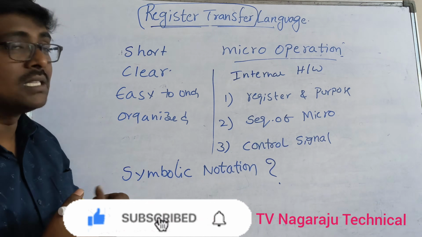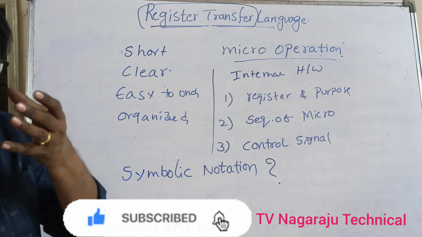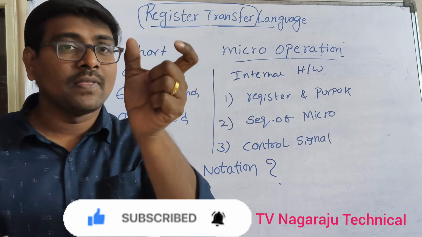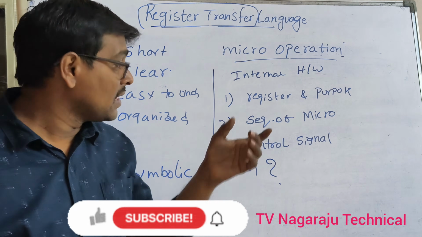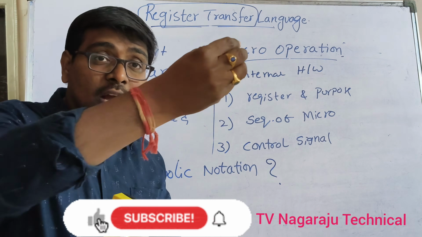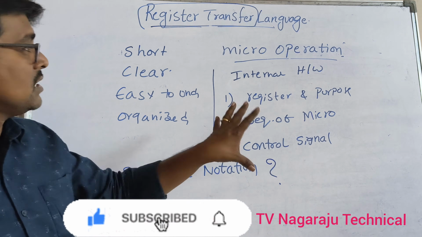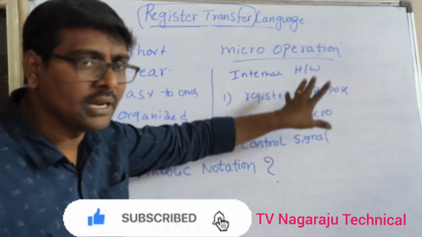By using this register transfer language, we describe the data transfer between the registers, the operations on the registers, the control signal, and in which order the micro operations are to be executed. Everything is presented. This is the basic introduction.